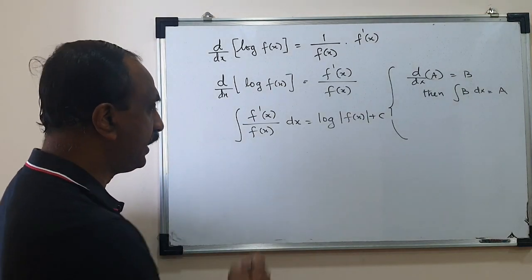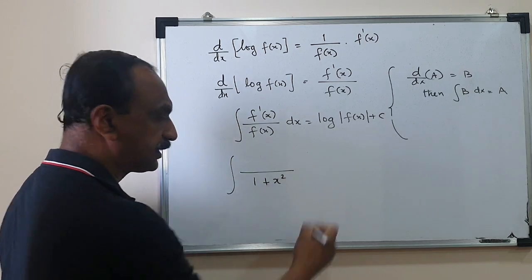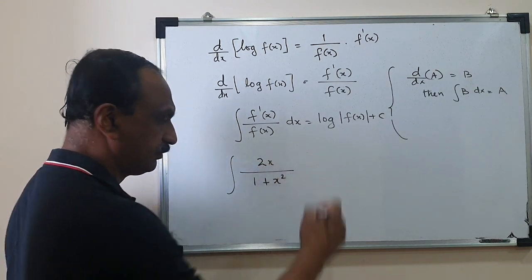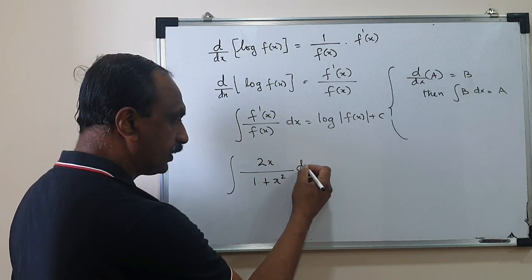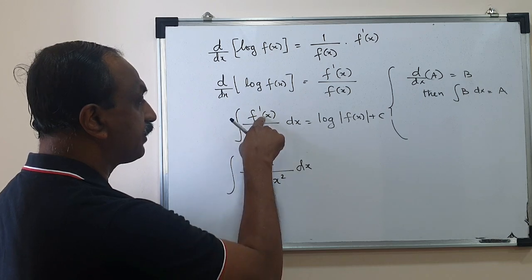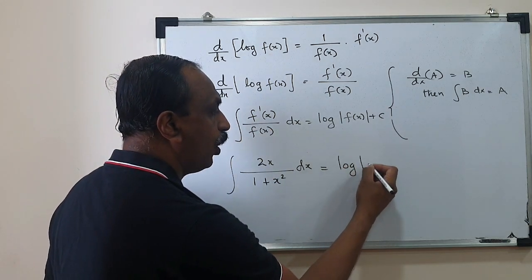So from this I can say, if I have a function with 1 plus x square in the denominator, and the numerator is 2x, what have you noticed? The denominator's derivative is the numerator. Then the integral is log of the denominator.